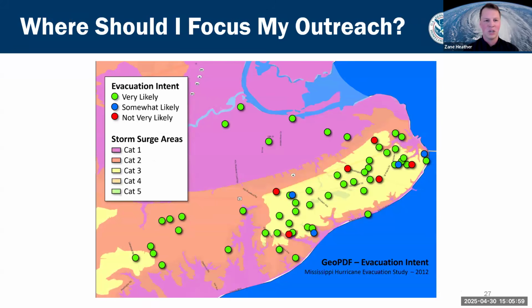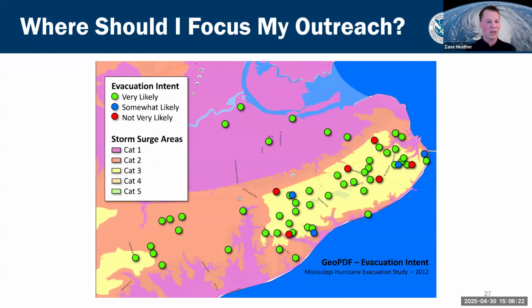The last key piece of information that you can pull from behavioral analysis is essentially where you can target outreach efforts. And so using the survey mechanism historically, we've been able to identify different areas or subsets of the population, geographically distributed, that perhaps have a different understanding of their hurricane risk or tropical cyclone hazard risk than they should, or also have understated their intent to evacuate.